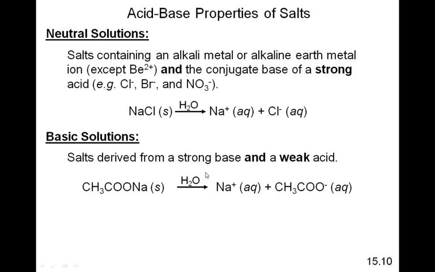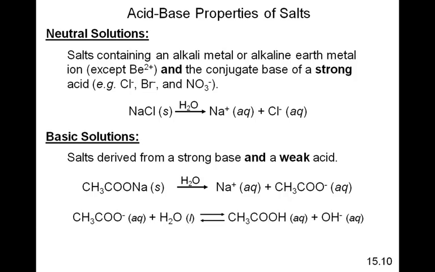So when this substance is formed in solution from the acid-base titration, this is not going to have any effect on the pH, but this will, because it's the conjugate base of the weak acid. And so it will hydrolyze and react with water to form the acetic acid and the hydroxide ion. So this solution is going to be basic.